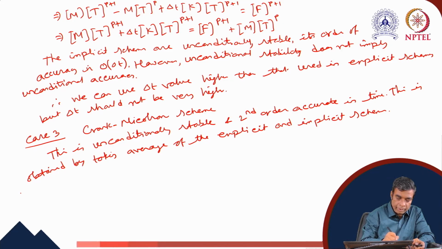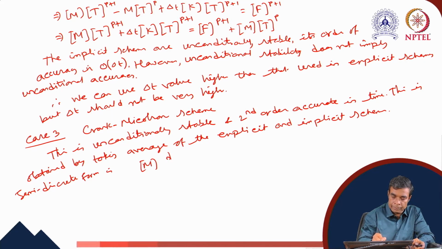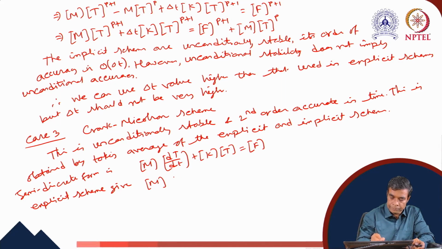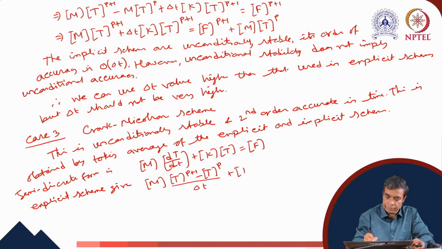So our semi-discrete form is M dT/dt plus K T equals F. The explicit scheme gives M times T at p plus 1 minus T at p by delta T plus K T equals F.